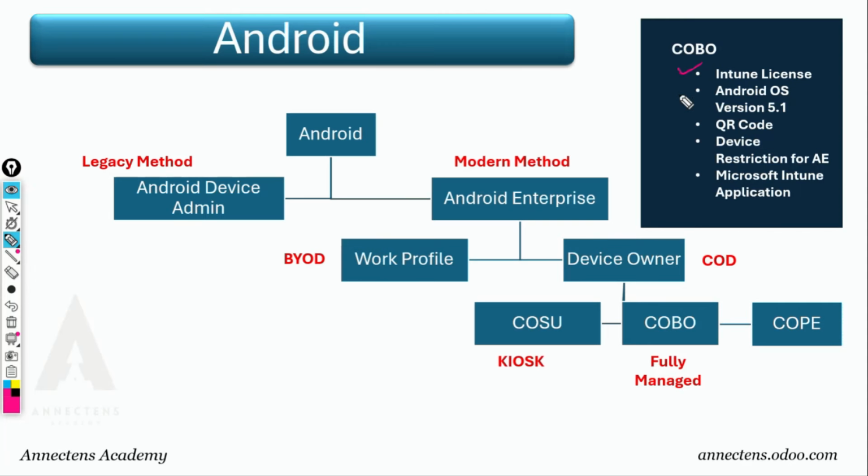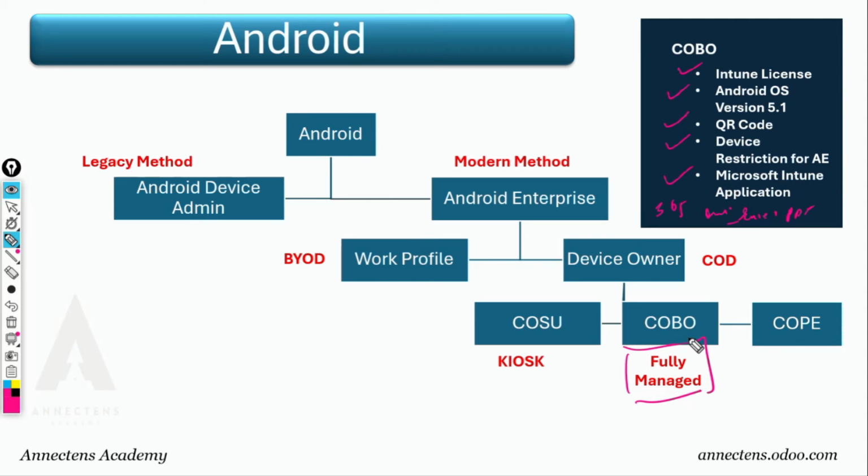So we require an Intune license, version 5.1 and later, a QR code, device restriction, and Microsoft Intune applications. We can set Microsoft applications coming from 365, like Outlook, Excel, PPT for PowerPoint, and all sorts of things on this fully managed device.